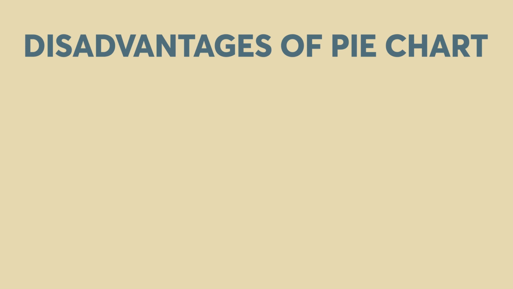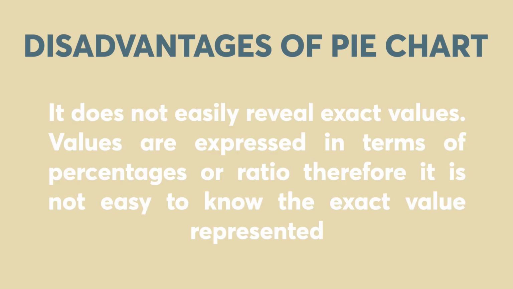Disadvantages of pie charts are: it does not easily reveal exact values. Values are expressed in terms of percentage or ratio, therefore it is not easy to know the exact value represented.